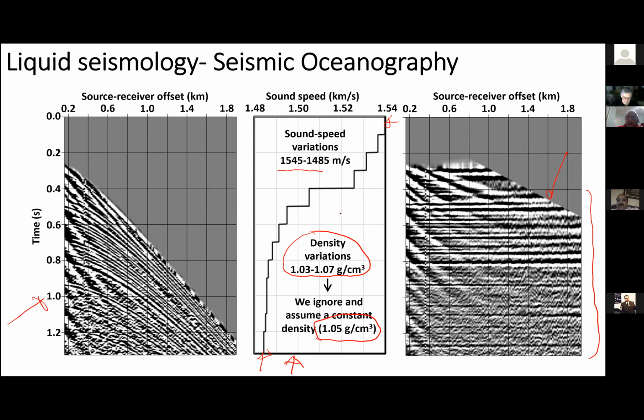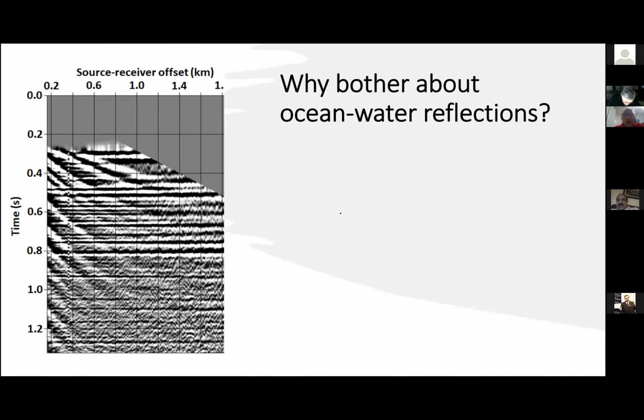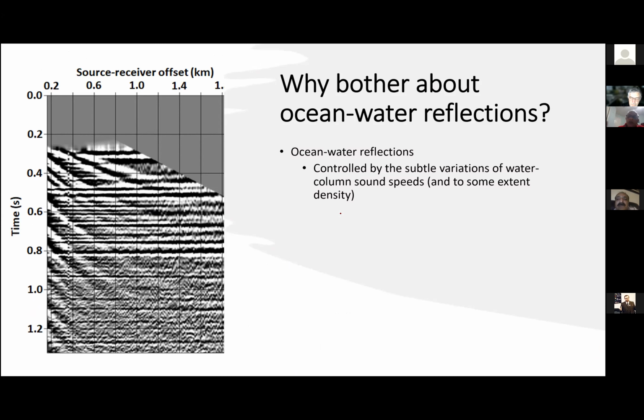So let's continue and look at why we want to bother at all about these ocean water reflections. That is the first thing we need to know. Now, assuming that density is not as significant, these reflections are controlled by subtle variations of the water column sound speeds.